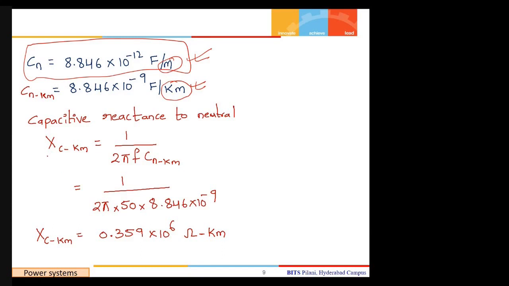So for the capacitive reactance Xc, here the unit is in farad, so I have to convert that into ohms per kilometer first. So that will be 1 by 2 pi f C. Now you will be getting the total reactance in ohms per kilometer.